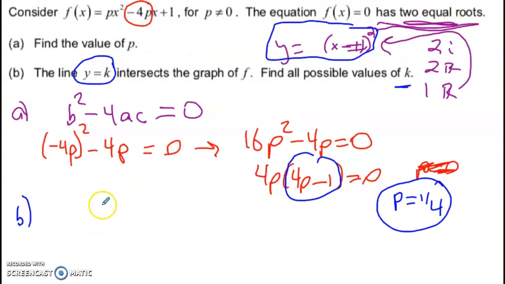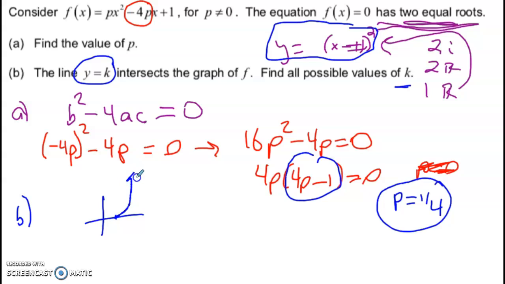Graphically, what that means is your vertex has to be on your x-axis. You can't cross it twice. You have to have a turn on the x-axis. That's what that square means. So I can answer this without doing anything other than recognizing that p is 1/4. If p is 1/4, it's a positive, which means my parabola opens up.